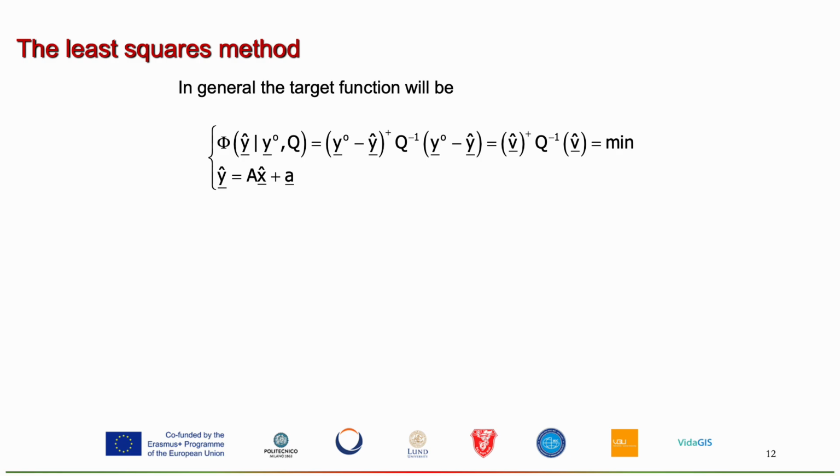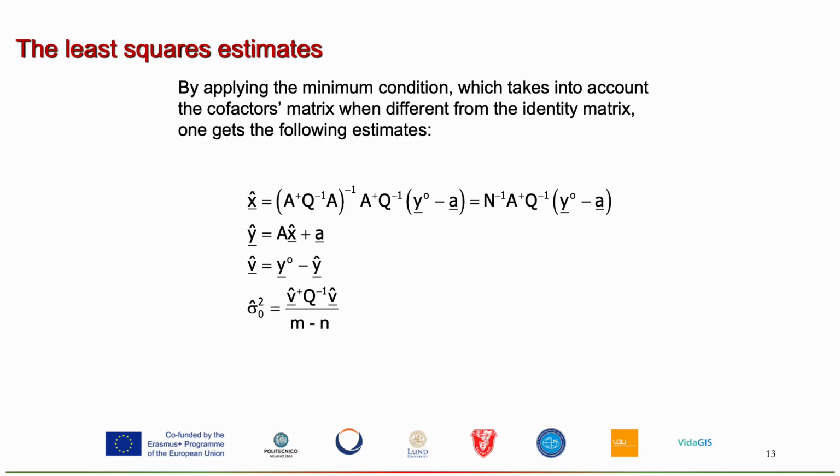This can also be written as V transpose times the inverse of Q times V, where V are the residuals, the differences between a posteriori estimated observations and available observations, and where the estimated observations must satisfy the equation w cap equal to capital A x cap plus a.